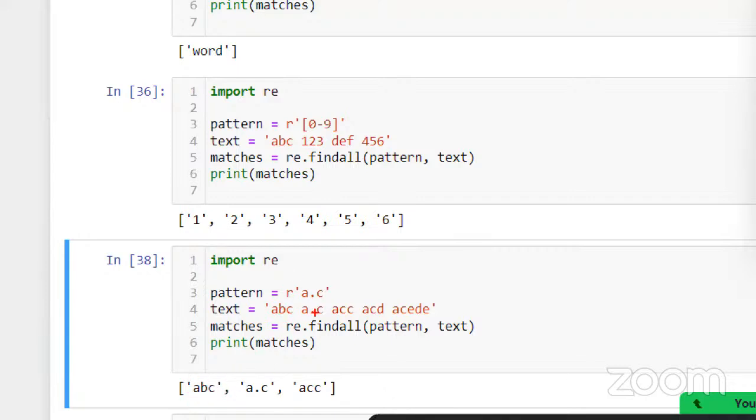And A dot C itself is one such string, so a dot is allowed in place of the dot. That is also a correct string. And ACC also is allowed because it starts with A and ends with C. But these two are not allowed because one starts with A and ends with D, and here it starts with A and ends with V. Here, just to confuse you, a dot is given, so it doesn't mean that this is a separate pattern.